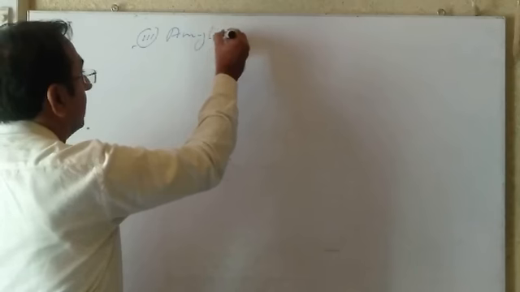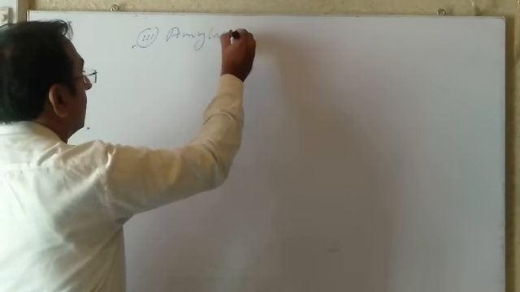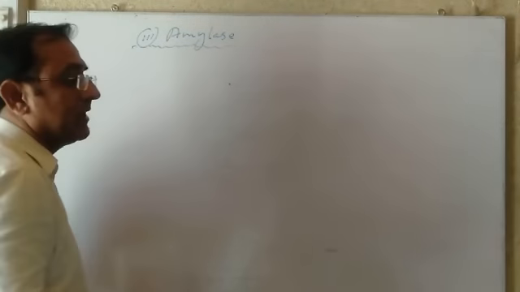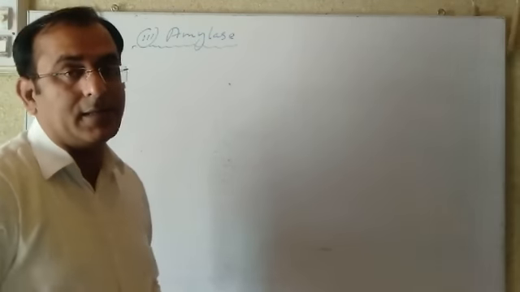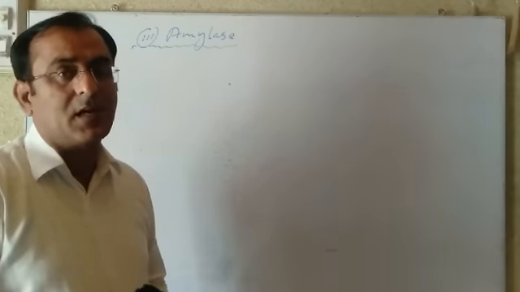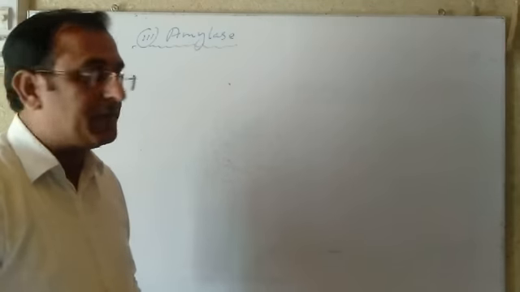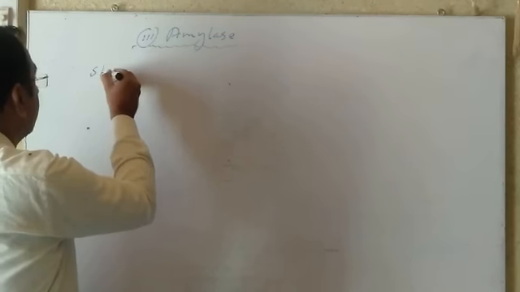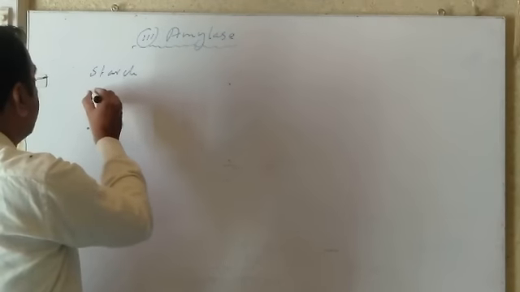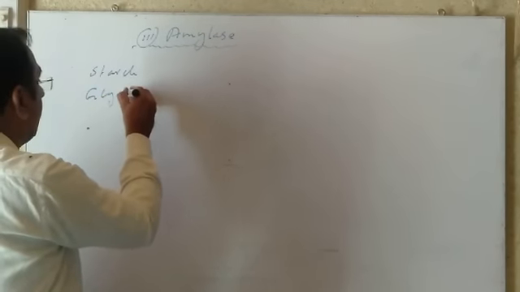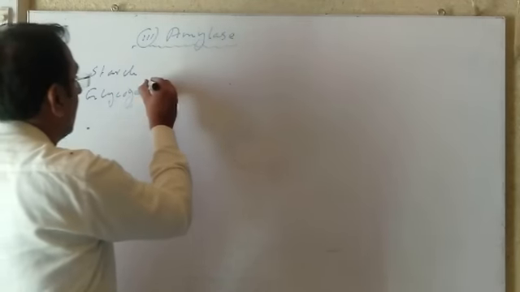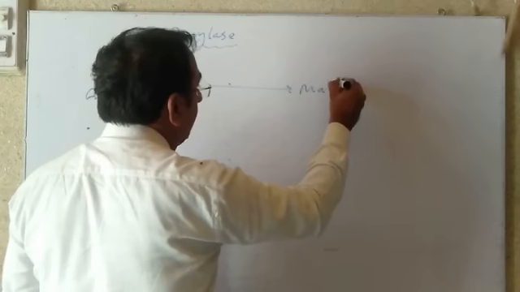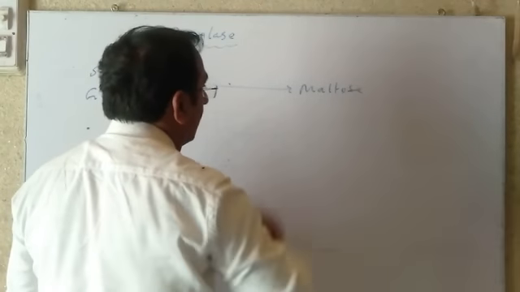Amylase. This amylase is very similar to the salivary amylase, but it is stronger as compared to the salivary amylase. This amylase acts on starch and glycogen, and they are digested into maltose.